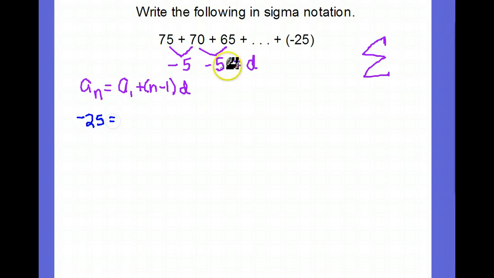You can tell that by looking and seeing that the last term is -25. Our first term is 75, and you can see that again from the series. Plus, we don't know the number of terms, so we leave that as n minus 1. And we know our common difference is -5. And we can fill all that in.